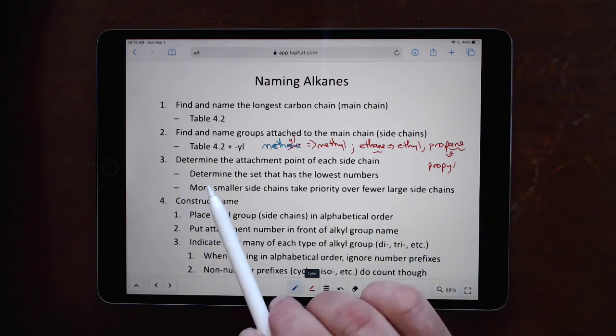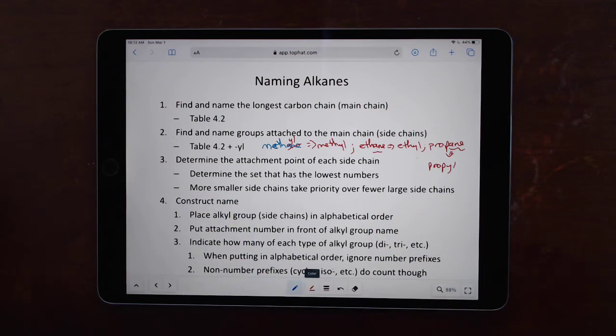what you can do is say, okay, now we need to determine where on the main chain they're attached to it. Is it carbon 1? Is it carbon 2? Carbon 3? Carbon 4? Whatever of the main chain. But remember, the way we draw it is going to be independent, stuff like that.